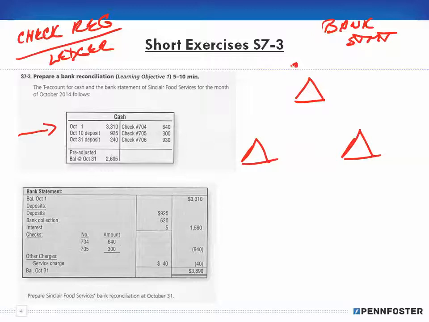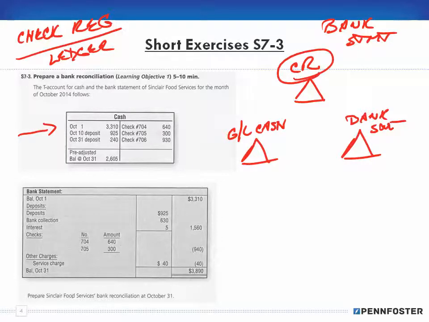You have your check register, you have your general ledger cash account, and you have your bank statement. What ends up happening is the general ledger cash account is in your ledger, but you keep a separate check register to keep track of your cash, because you're not always going to be posting your journal entries to your general ledger cash account every single time you write a check or make a deposit.